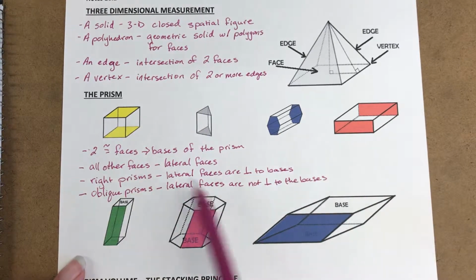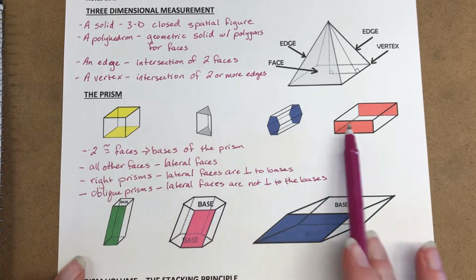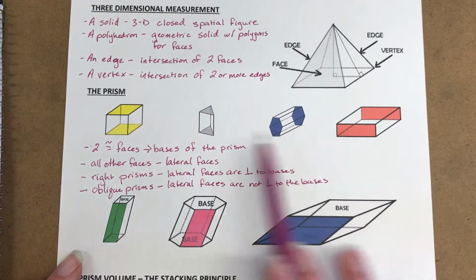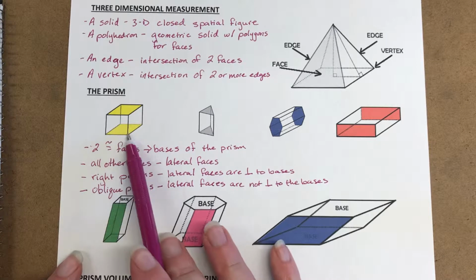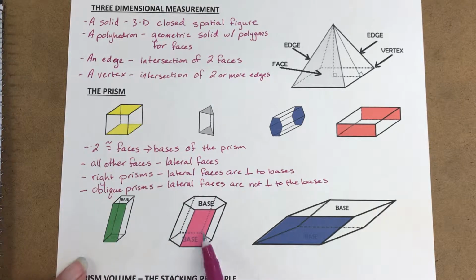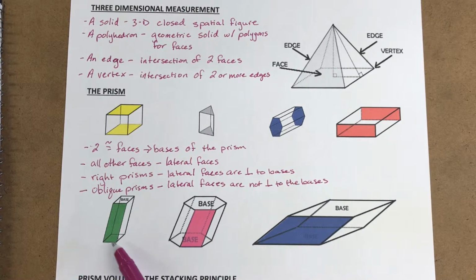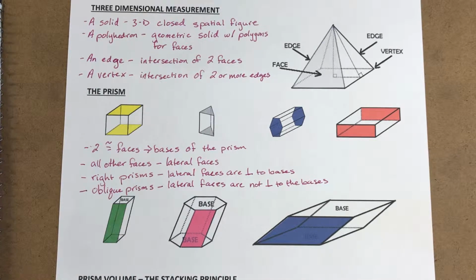So in our notes, all of these up here would be considered right prisms because the lateral faces are perpendicular to the bases. These are all oblique prisms because the lateral faces are not perpendicular to the bases.